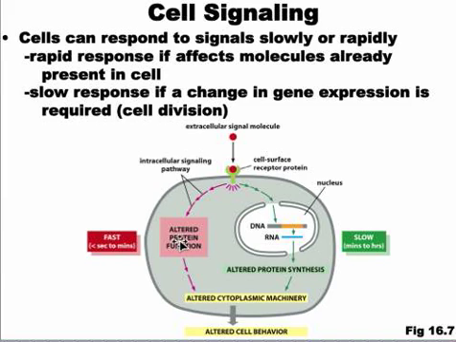Now, this is a rapid response because the molecule's already made and already present. That protein's inside the cell already. It's maybe not active, but it's definitely there. And once it is activated, now we can alter our cytoplasmic machinery, in the example in this slide, and that's going to let us have an altered cell behavior.